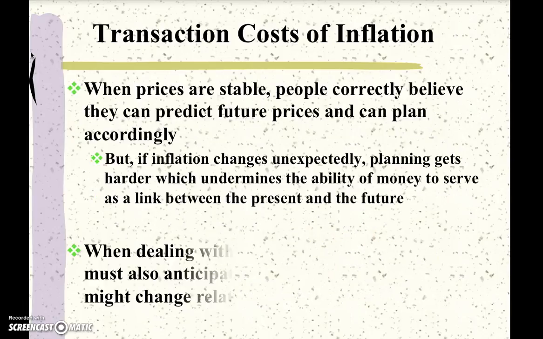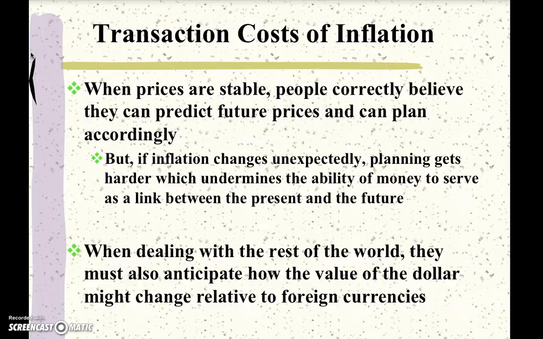So the next one basically speaks to understanding the fact that there's some form of transactional cost that is associated with inflation. It says that when prices are stable, people correctly believe they can predict future prices and can plan accordingly.